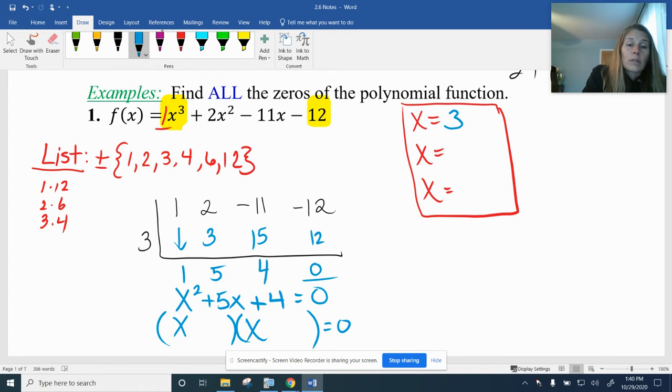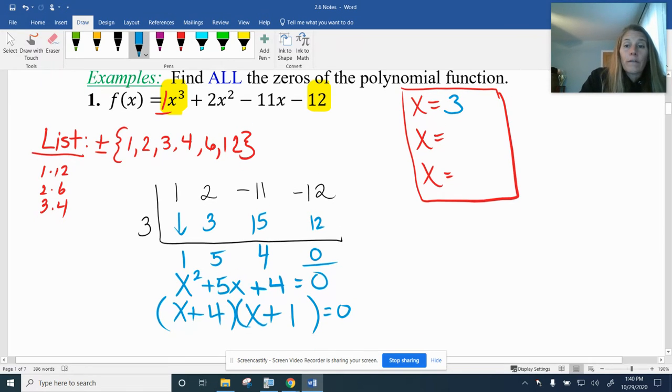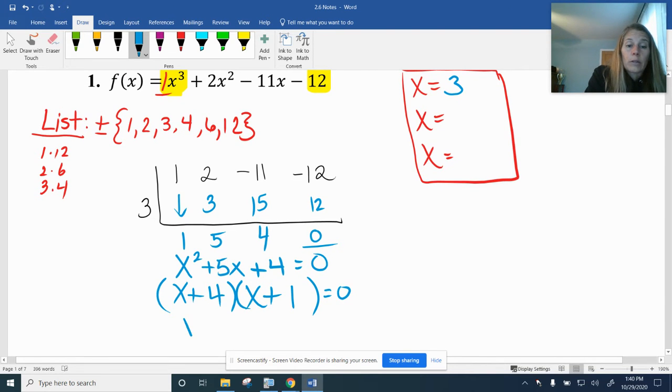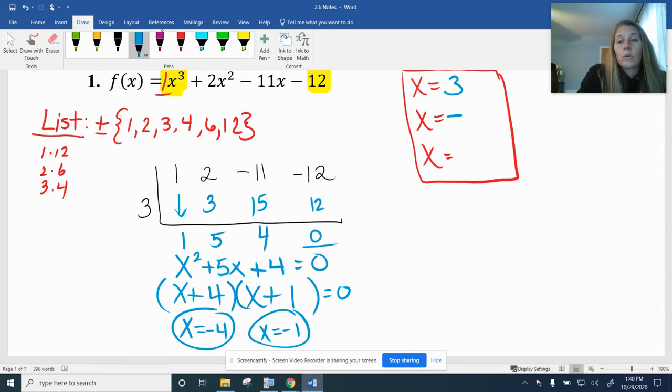So the 2 numbers that multiply to get 4 and add to get 5 would be 4 and 1. And then if we solve those factors using zero product property, we would get x equals -4 and x equals -1, and those would be our remaining 2 solutions.